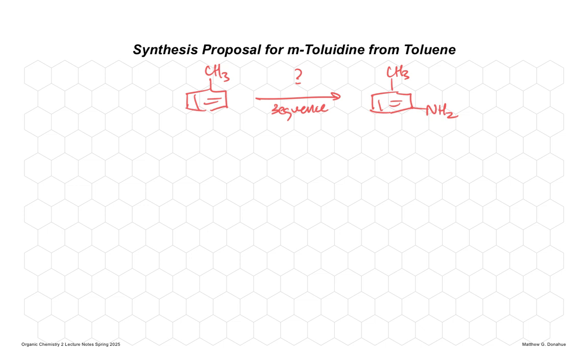So I think the first thing that we'll do is we're going to nitrate. Because we remember that once we get the nitro group on there, we can do a lot of things. We can adjust the oxidation state, then we can do diazotization, and all of those sort of reactions.